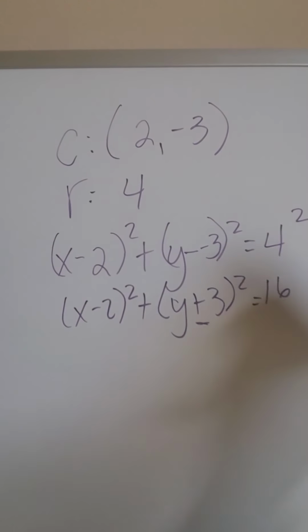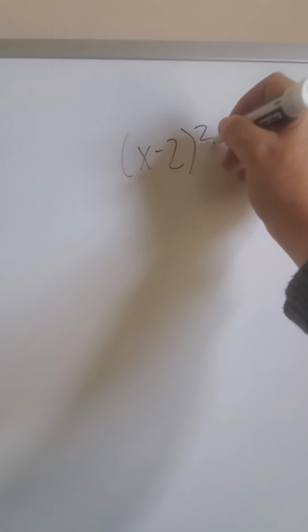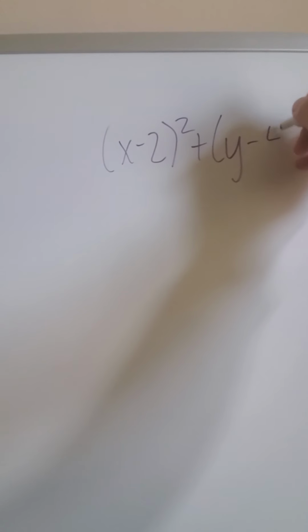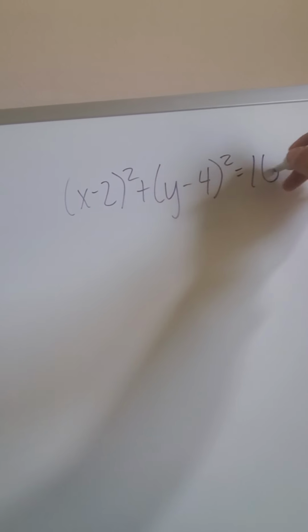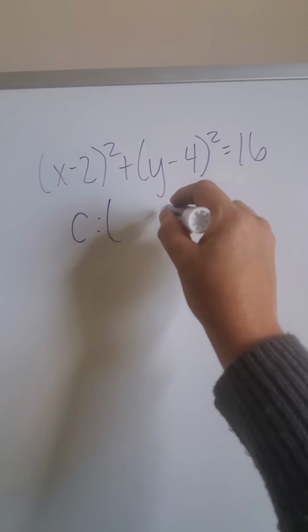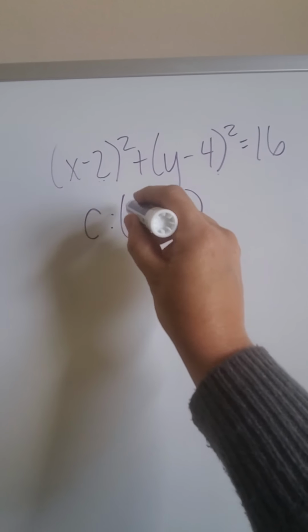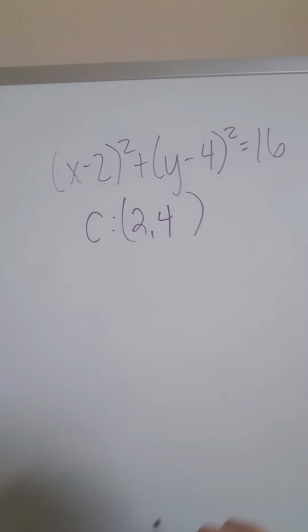What if I start with the equation and ask for the center and the radius? This is going backwards. So let's say I have x minus 2 squared plus y minus 4 squared equals 16. So if I remember correctly, my center is going to be these numbers here, and I've got to change the sign, so that becomes a positive 2 and a positive 4, right?